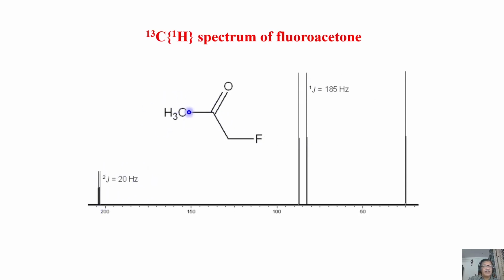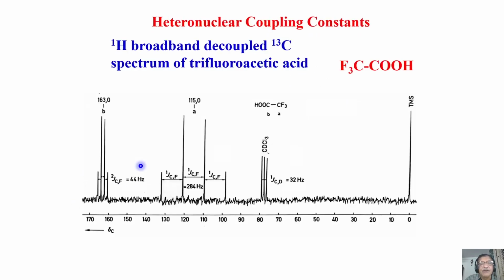Whereas this CH3, 3 bonds away, this coupling is very weak, is not seen. We are seeing only a singlet because this carbon is coupled only to protons, which are removed because of decoupling. So this CH3 is only a singlet, and this directly attached carbon to fluorine is a doublet, and this one, 2 bonds away, is a doublet.